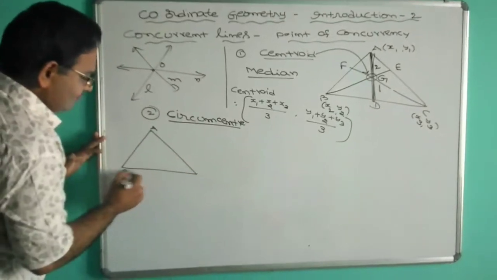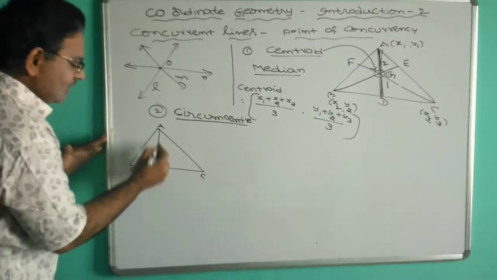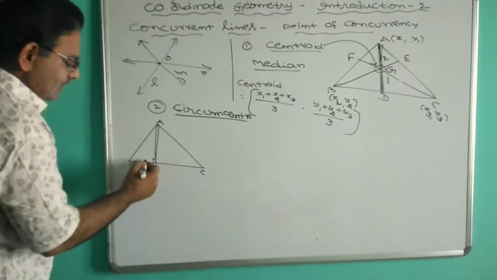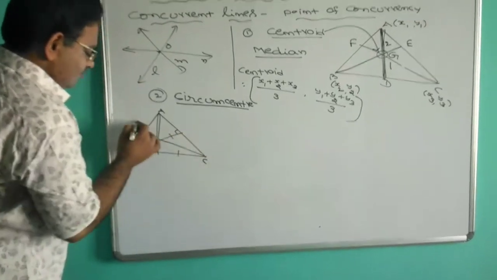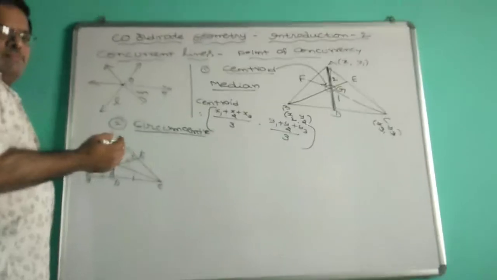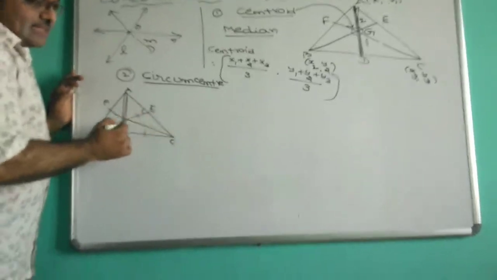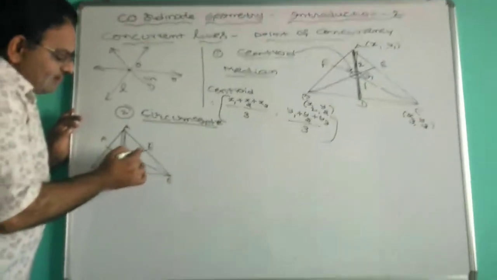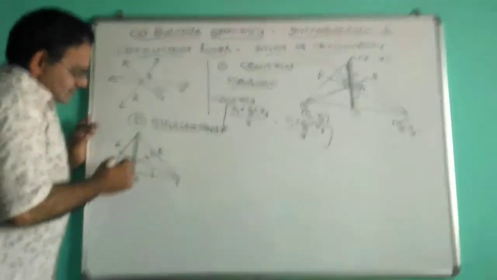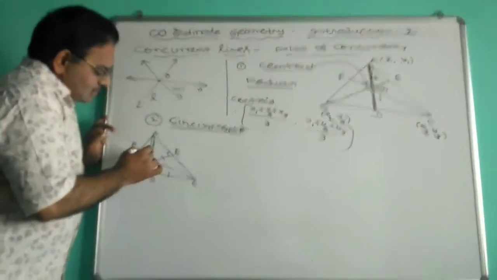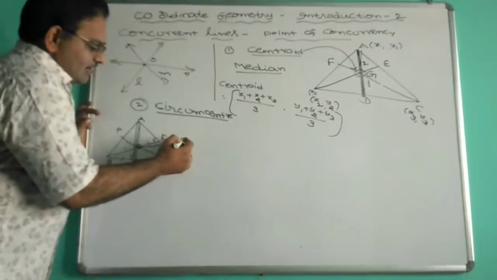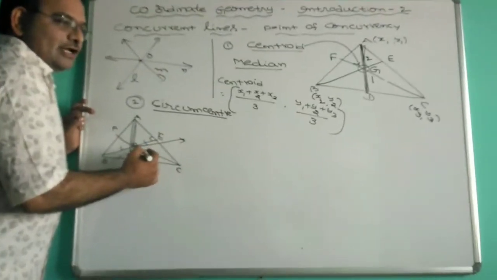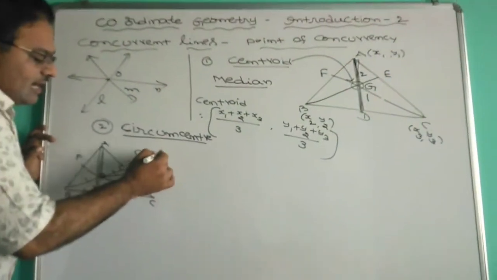In a triangle, draw the perpendicular bisectors. Here AD, BE and CF are the perpendicular bisectors. The three lines pass through the same point, and this point is called the circumcenter. It is denoted by the symbol S.